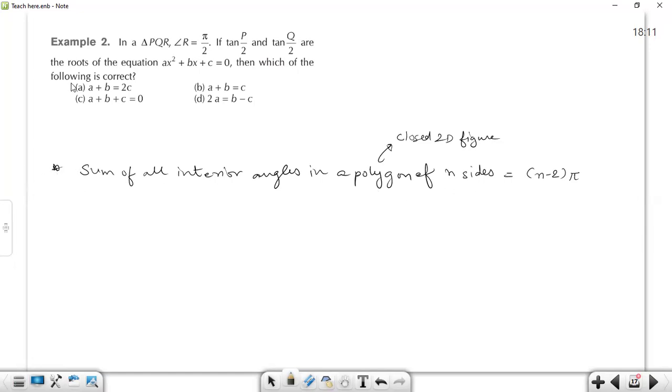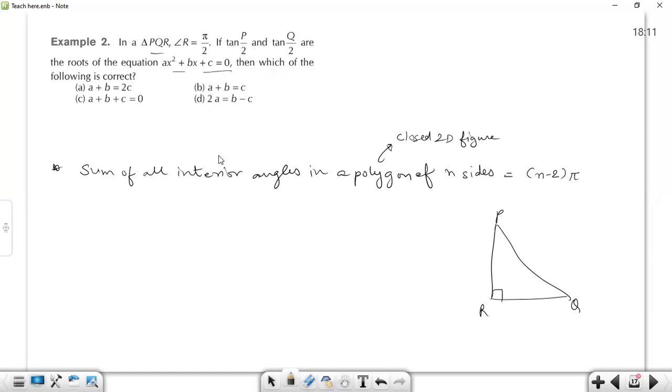These are additionals. Now coming to this question, given that there is a triangle PQR, R is pi by 2. Pi by 2 is 90 degrees, so it is a right angle triangle. So for visualization, let's draw it like this. R is pi by 2, this is P and Q. And it is given that tan P by 2 and tan Q by 2 are the roots of the given equation.